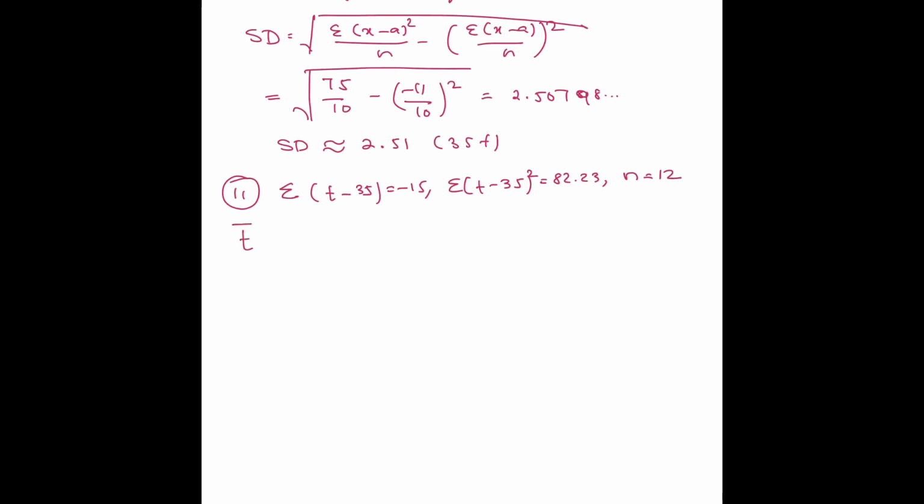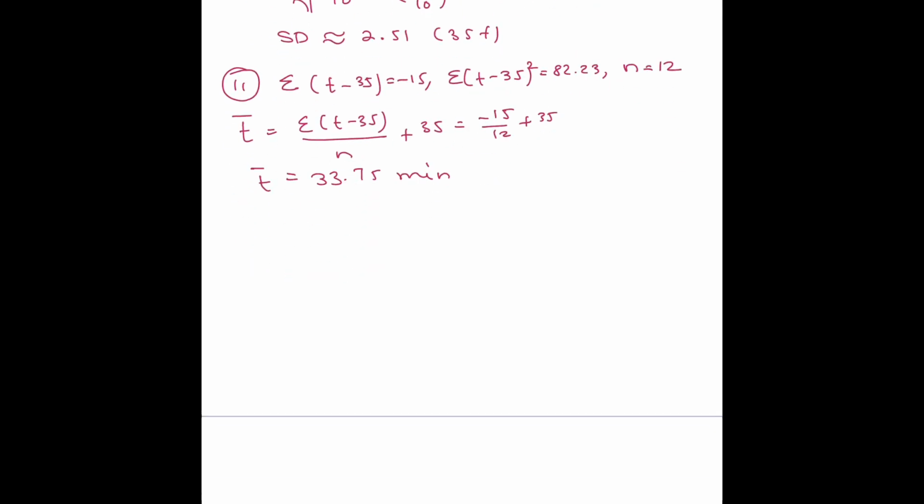Here I would write t bar because t values are given. T bar is sigma (t minus 35) over n plus 35, which is negative 15 over 12 plus 35. So t bar equals 33.75 minutes.